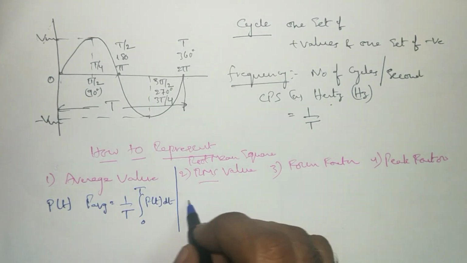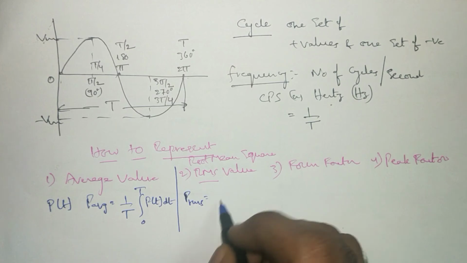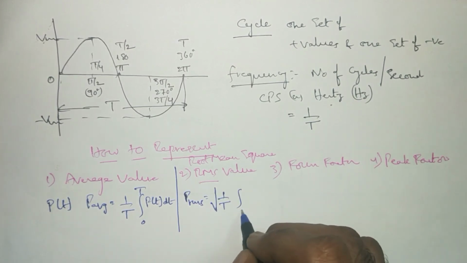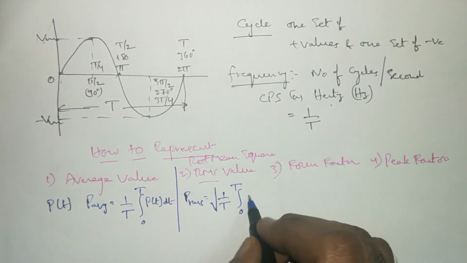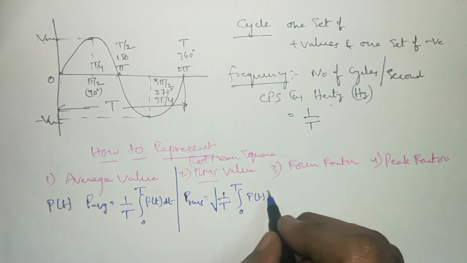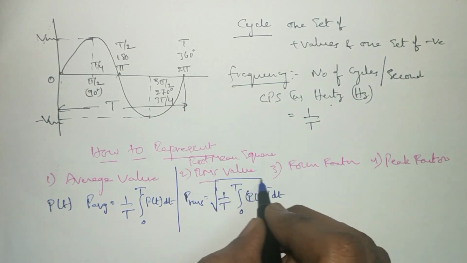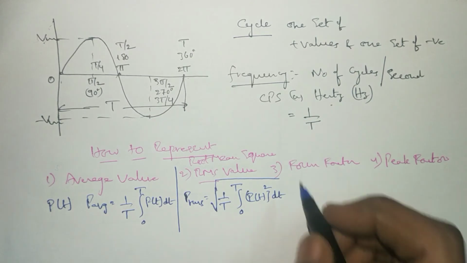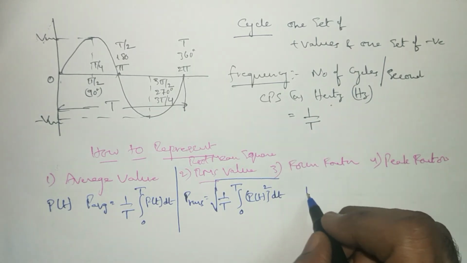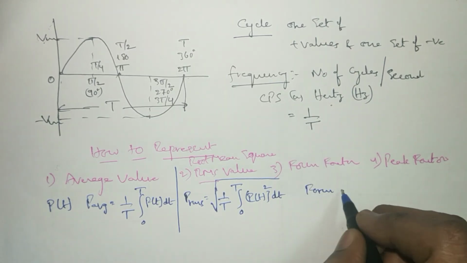Similarly, the RMS value can be found out as P RMS is equal to square root of 1 by T integral over 0 to T of P of t whole square into dt, right?